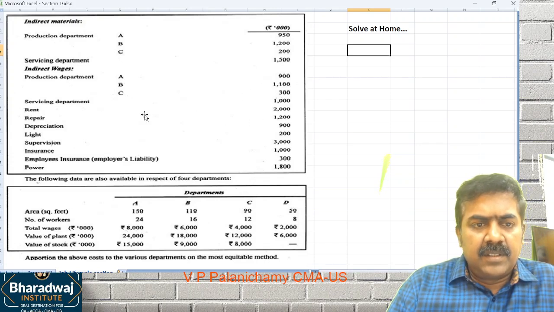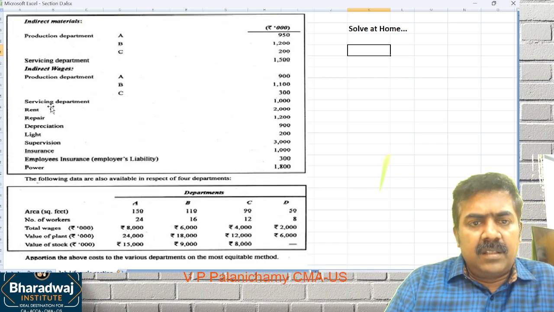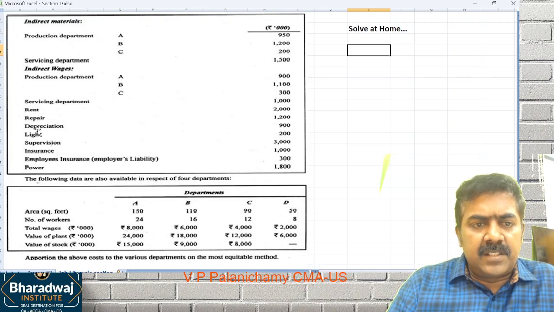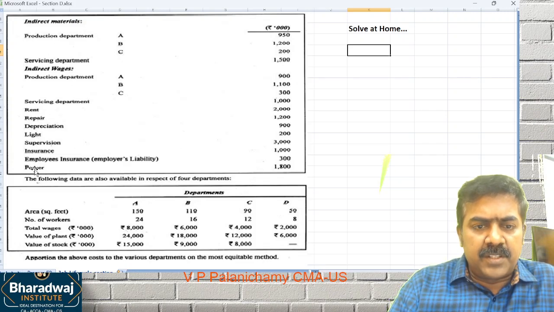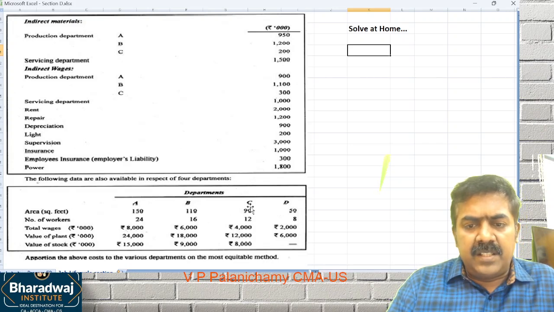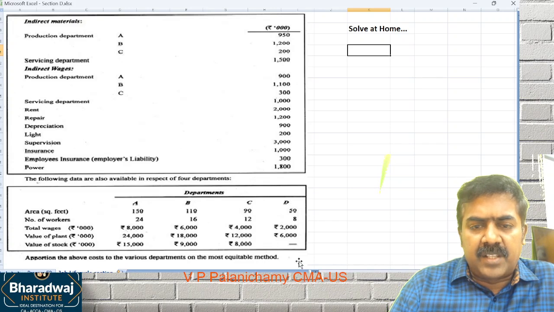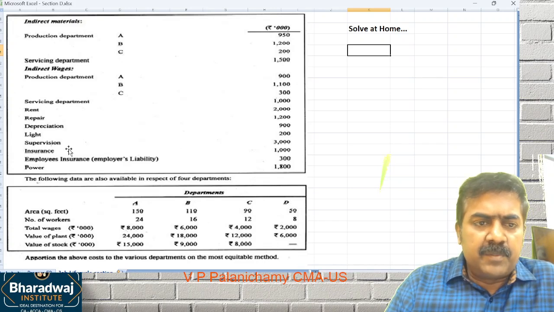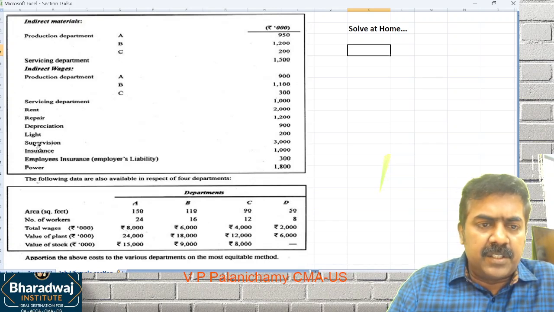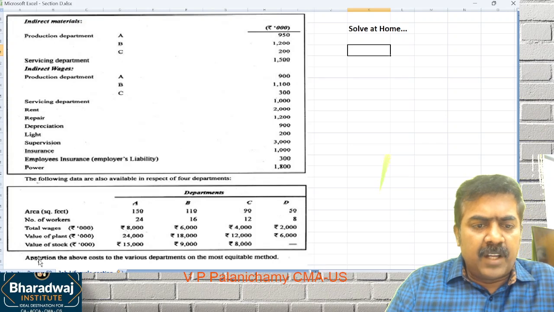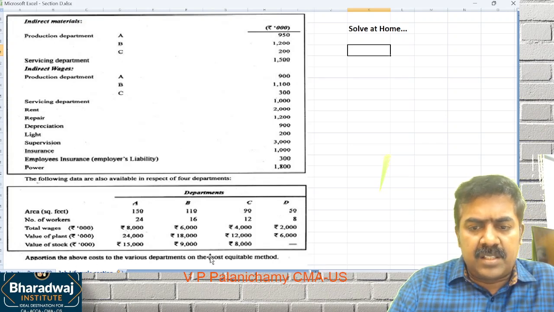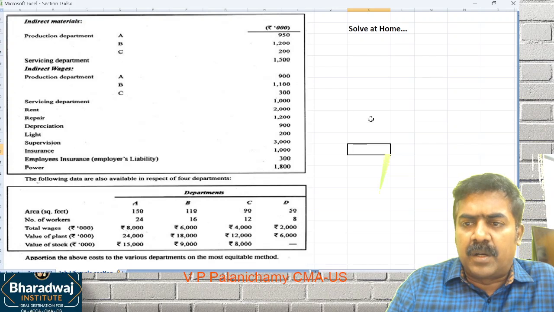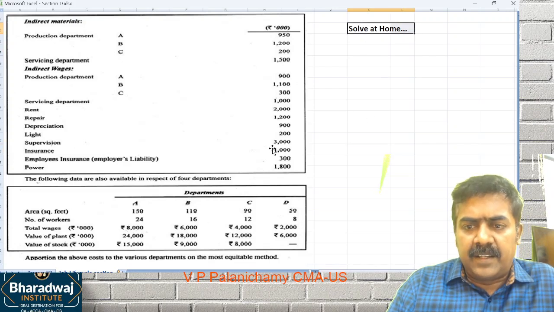Then we are given rent, repairs, depreciation, lighting, supervision, insurance, etc. The following data is available. Three production departments and only one service department. Apportion the above costs to the various departments on the most equitable method, they have asked.